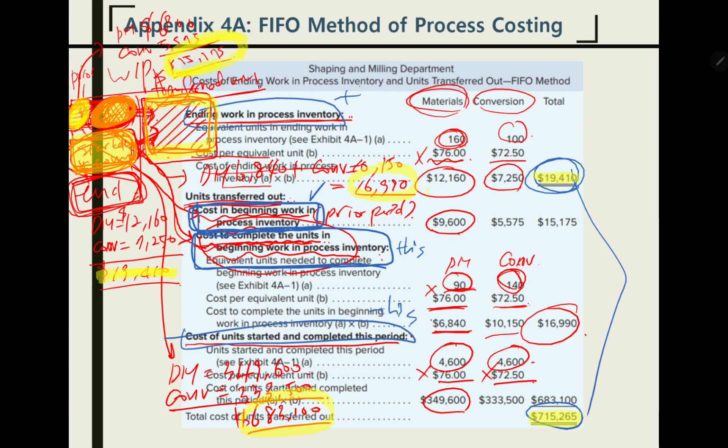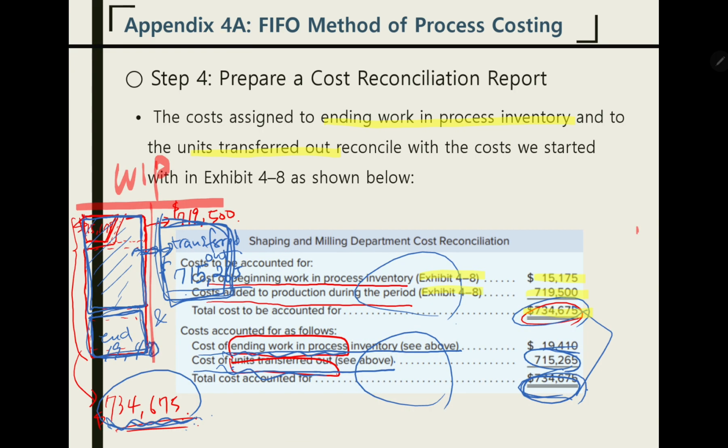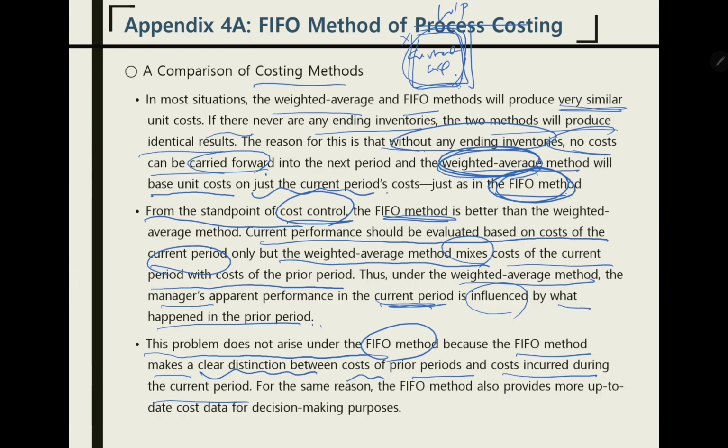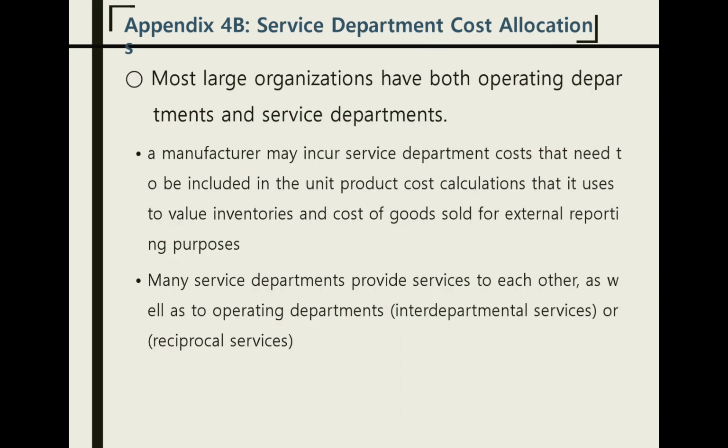We trace out the prior cost. So for the same reason, the FIFO method also provides more up-to-date cost data for decision-making purposes. Why? Because we do not blend the past information with the new information.